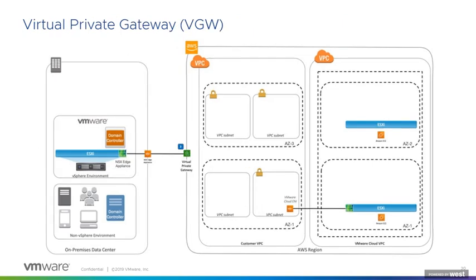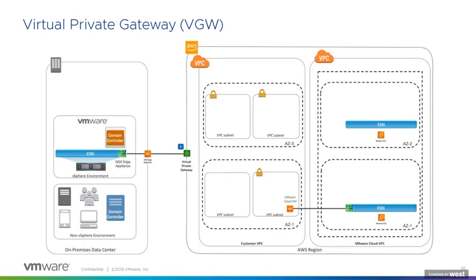The next thing that I'll add to the architecture is interconnectivity to on-premises. If you can see the little green icon in the middle, that's a virtual private gateway. The virtual private gateway is using either VPN or a service of ours called Direct Connect. I'll build these on the next slide.